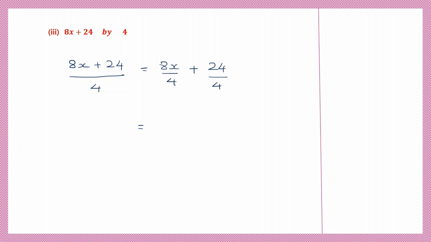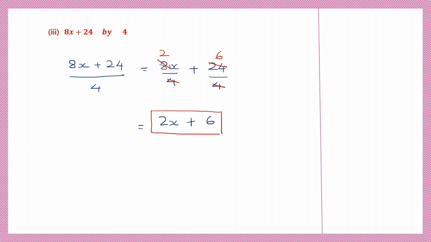So now 8x divided by 4, I can cancel. 4 2's are 8. So what do I have there? I have 2x plus, now here also I can cancel. 4 into what is 24? 4 6's are 24. So what do I have? 6. So my answer here is 2x plus 6.